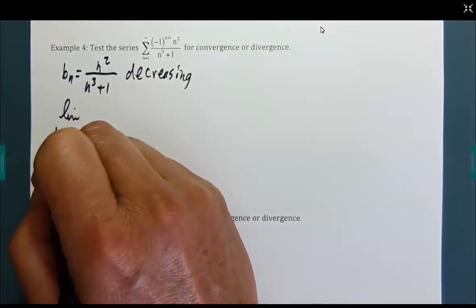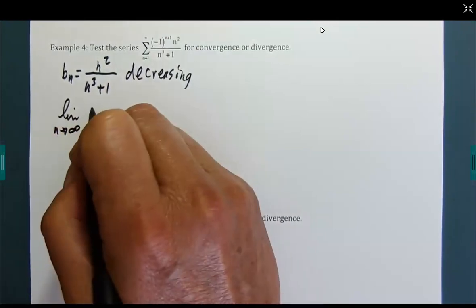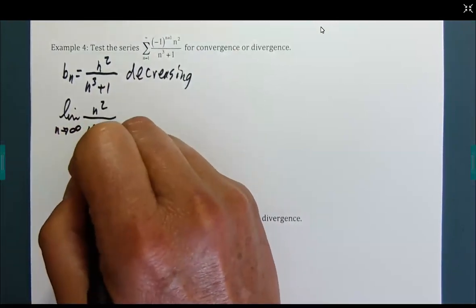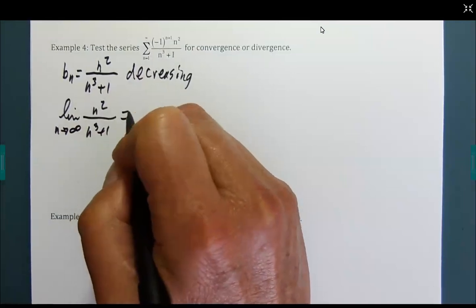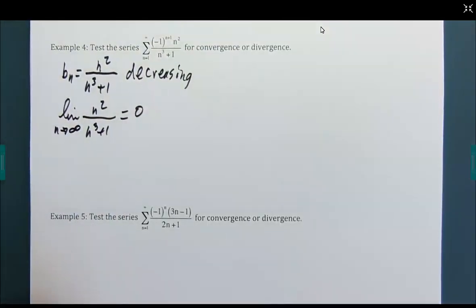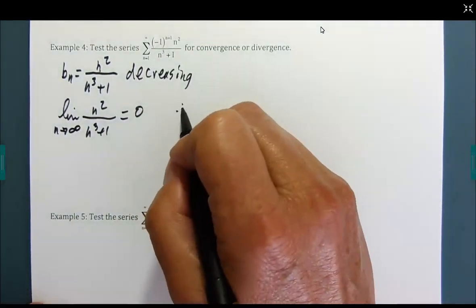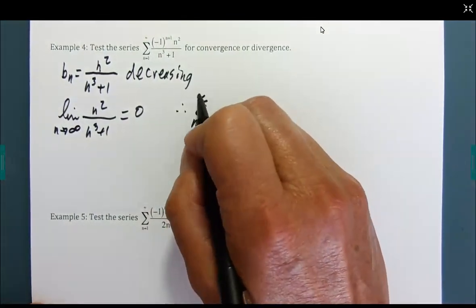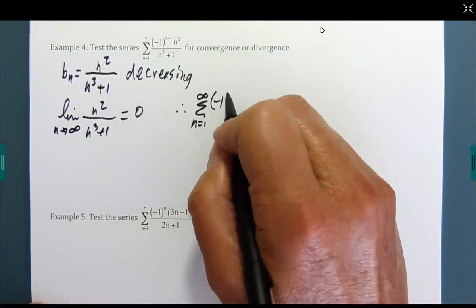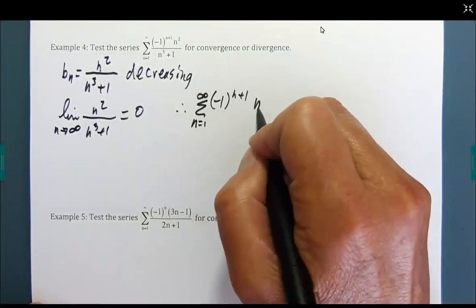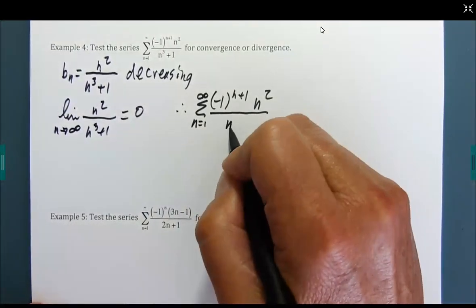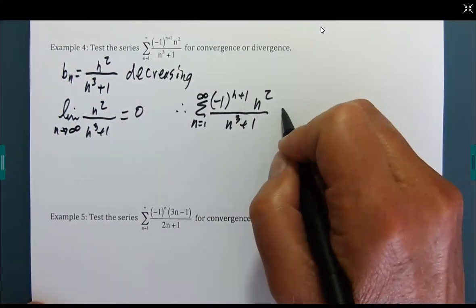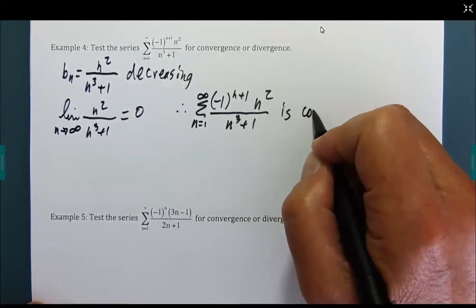And the limit goes to 0. And just like that, we're done. It is convergent.